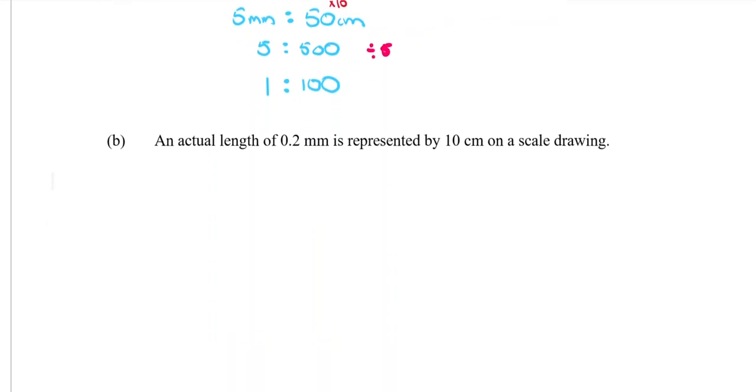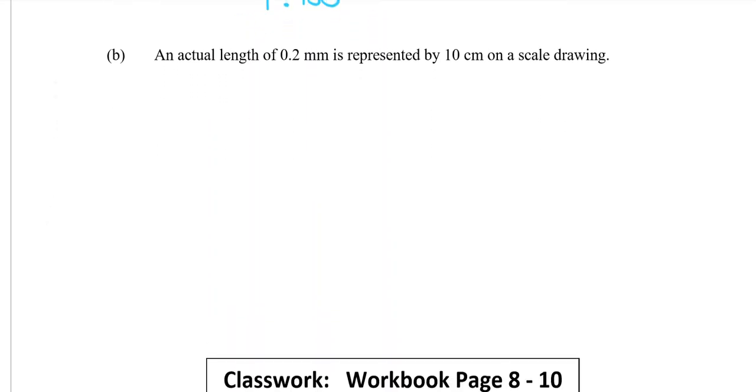Question B. Doing the same kind of question again, we have an actual length of 0.2 millimeters is represented by 10 centimeters on the scale drawing. So the scale drawing needs to go first. So the scale drawing is 10 centimeters, and it represents an actual distance of 0.2 millimeters.